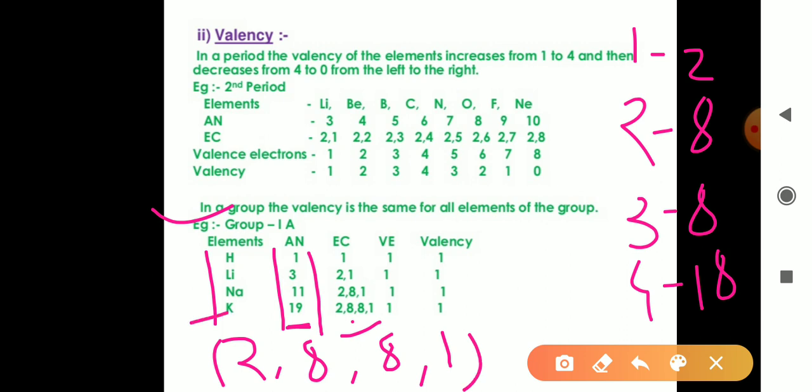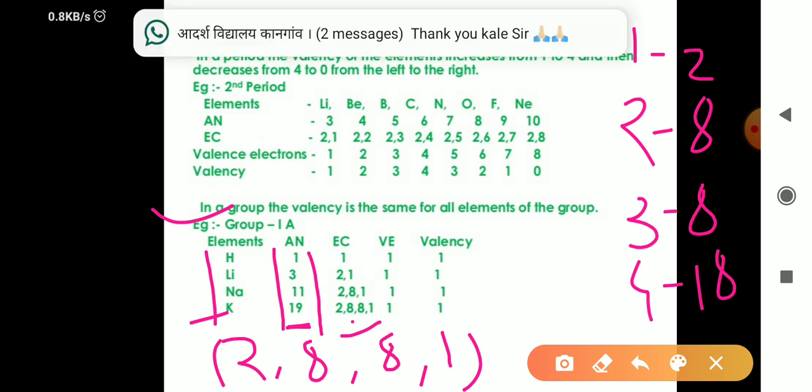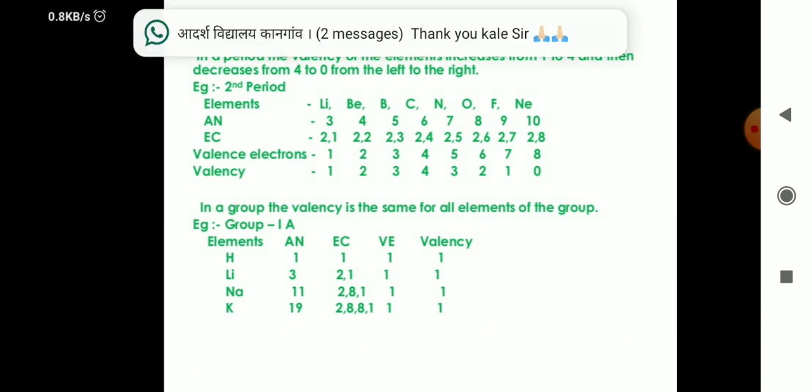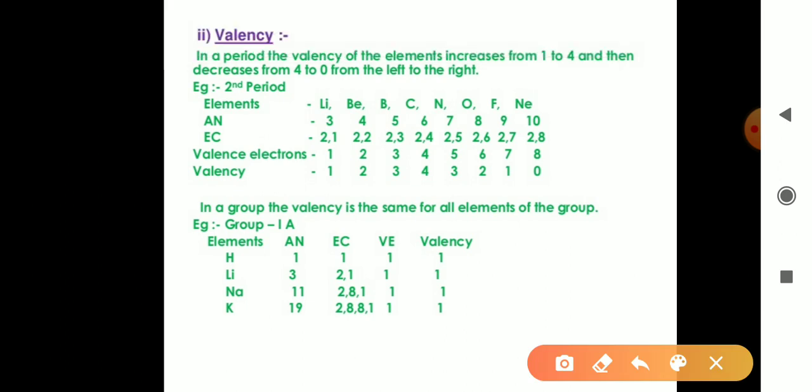Then we can see the last electron in the last shell is 1. So that one electron is donated by every atom, and therefore the valency of each element is 1, because we can see the last shell contains one electron for each, and that electron is donated, so the inner shell contains 8 electrons for potassium, 8 for sodium, and for lithium it becomes 2.